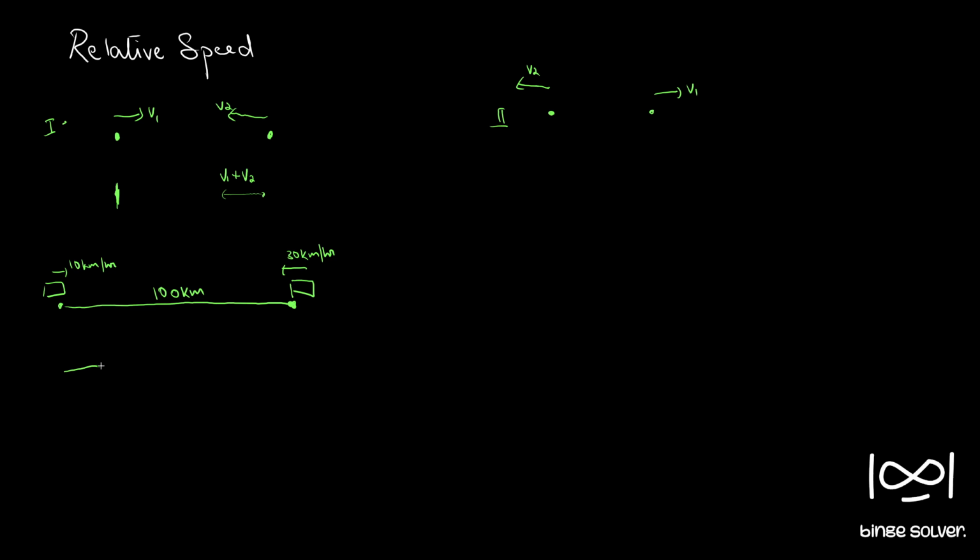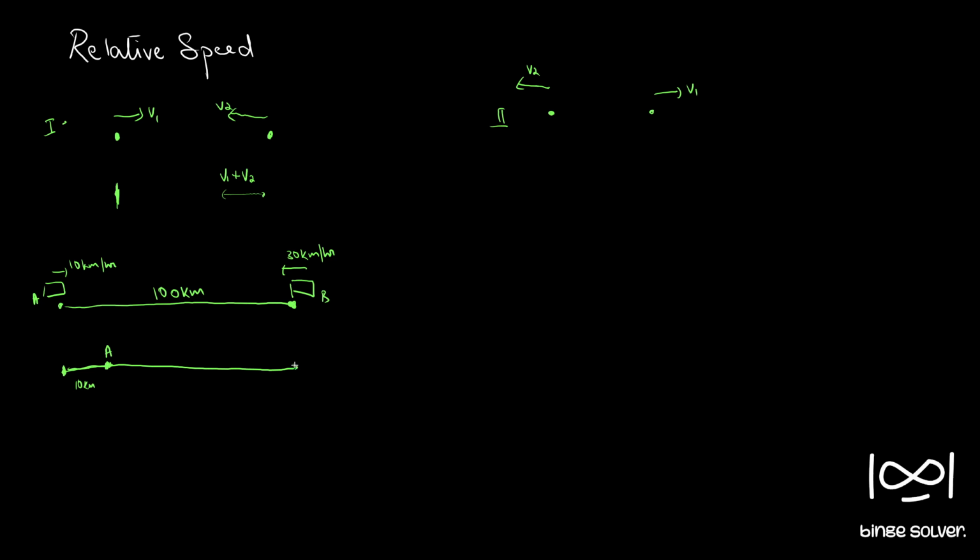After 1 hour, this car traveled 10 kilometers since its speed is 10 kilometer per hour. Let's call this A and this B. So A reached 10 kilometers and A is now here.